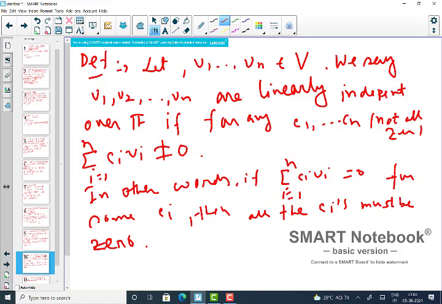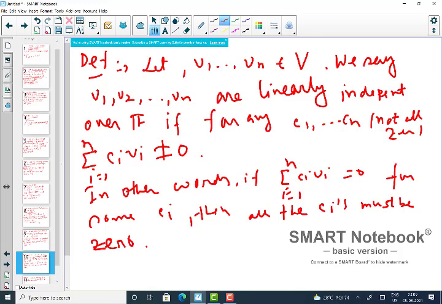So linear independence means you choose any finitely many elements, and if the coefficients are not all 0, then their linear combination cannot be 0. Or if you start with a linear combination equal to 0, that forces all the coefficients to be 0. And then you can say what linearly dependent is: if it is not linearly independent, then you call it linearly dependent.